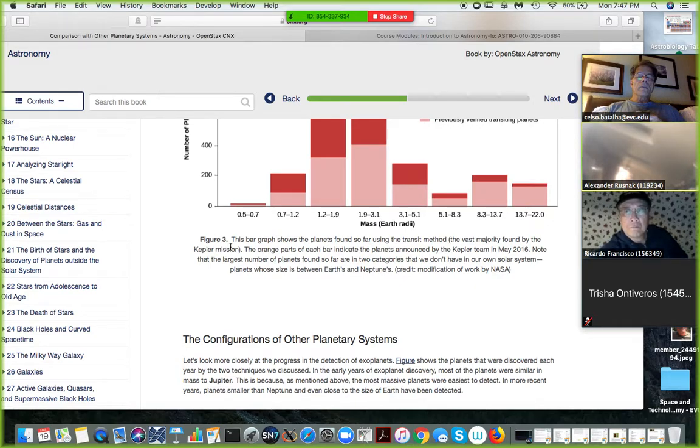Then Kepler came and was able to use photometry to identify a different population of exoplanets, those very tiny ones, going in front of the stellar disk. When the planet passes in front of the stellar disk, it diminishes the total brightness observed, and then you can infer properties about this exoplanet.